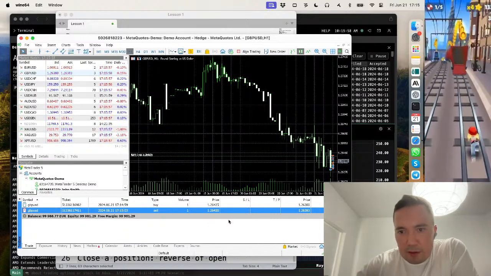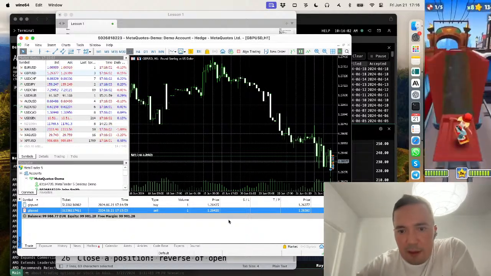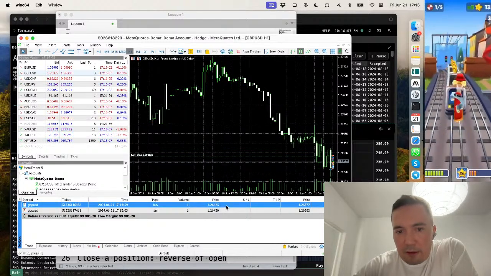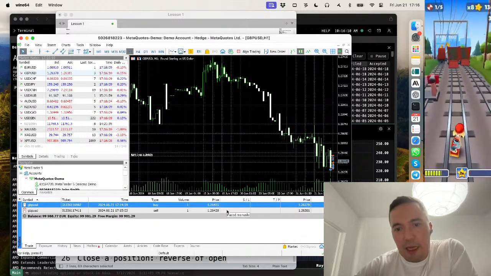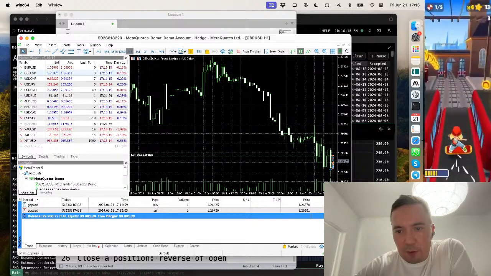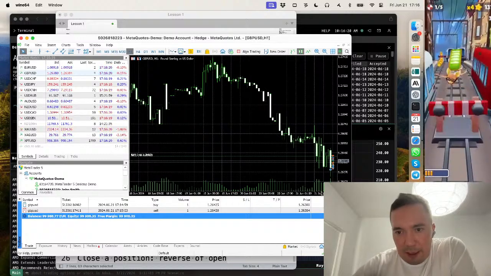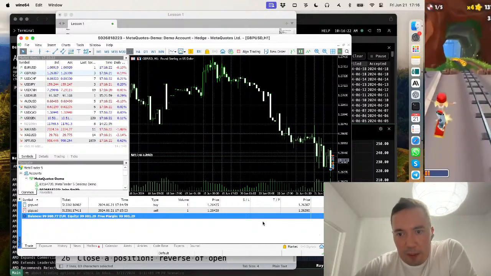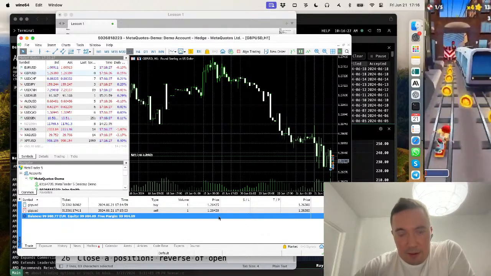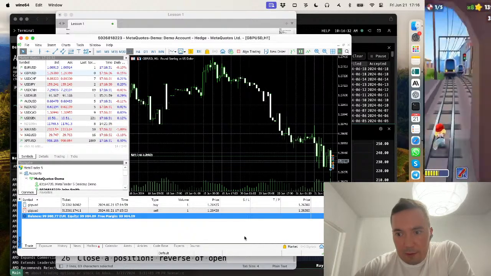After that, if the price goes up or down, one of the positions will earn money, the other will lose the same amount. So the total profit will not change much. For example, here we see the total profit is around the same amount, and wherever the price goes, it will be approximately the same. You can close one of the positions, but that will not change the profit.